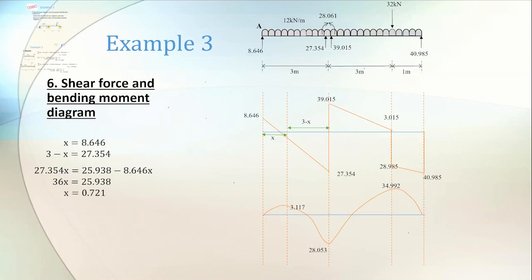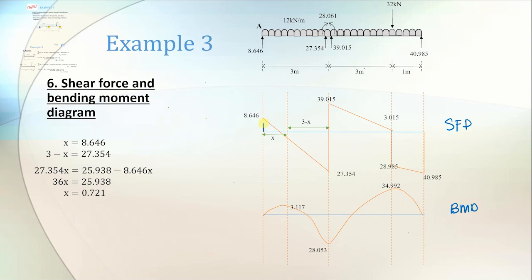step. For SFD and BMD, fill in whatever you need to fill in inside this figure. Don't forget, if you miss it, it will be wrong, that's why you must draw.